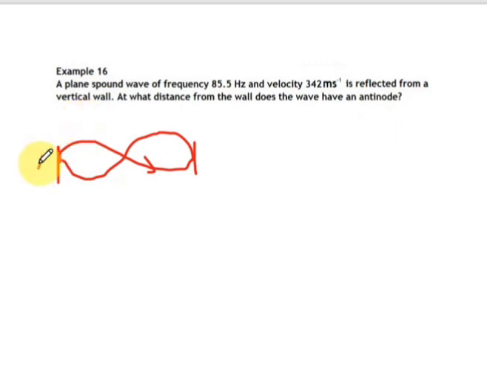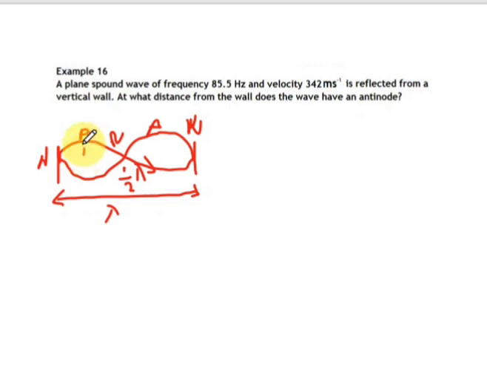Now, if this is a node, this is an antinode, this point here is a node, this is an antinode, and this point here is also a node. Now, the length of this wave is one full wavelength. Now, from a node to an antinode, the length is half wavelength.